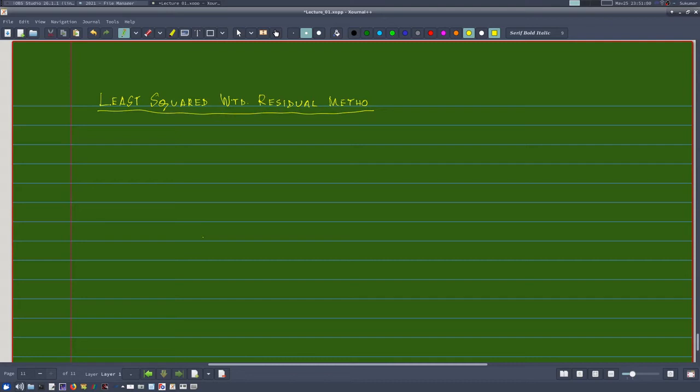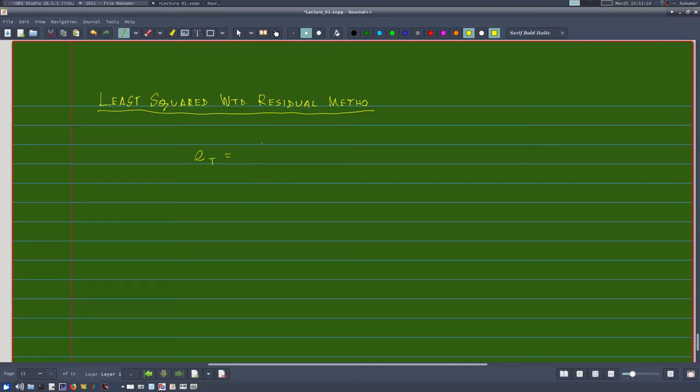So in this method, what do we do? We square the error terms so that it becomes a positive quantity, and the sum of that square is equated to 0. So E total is the squared weighted residual.